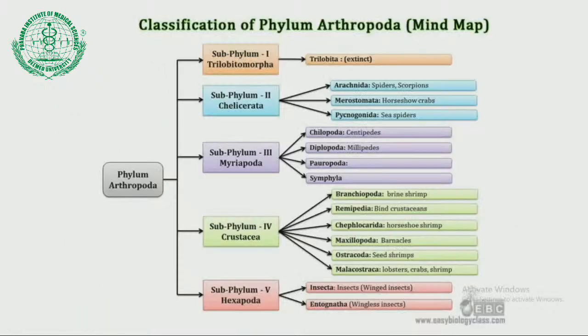So this is the actual huge subgrouping of the phylum Arthropoda. Arachnida and Insecta are the important subgroups which comprise most of the vectors important for medical health.